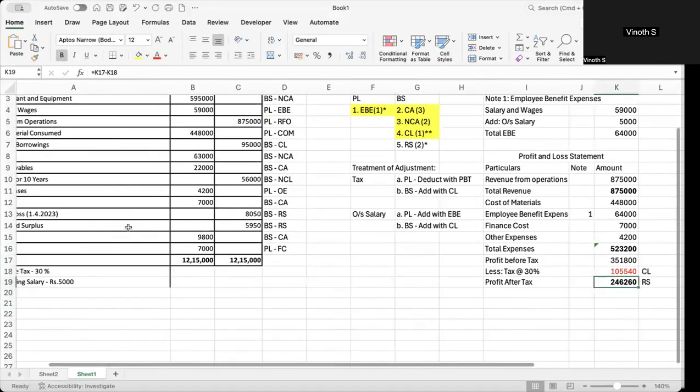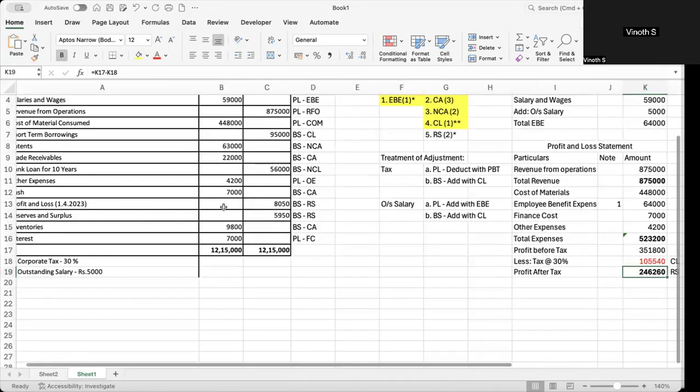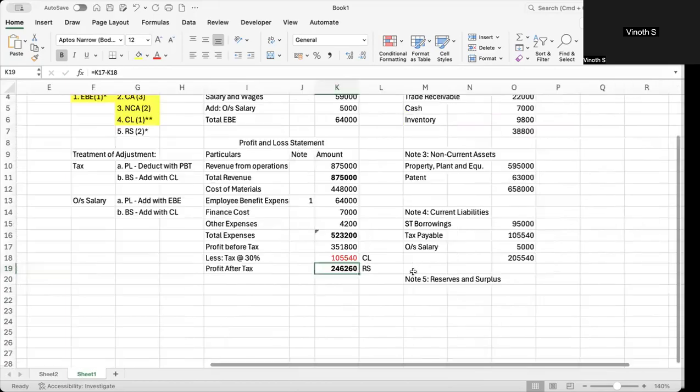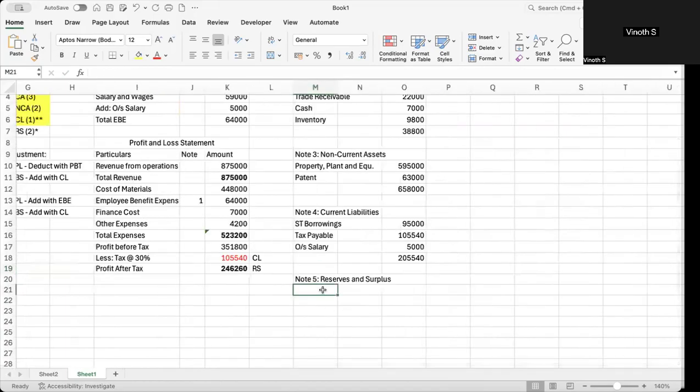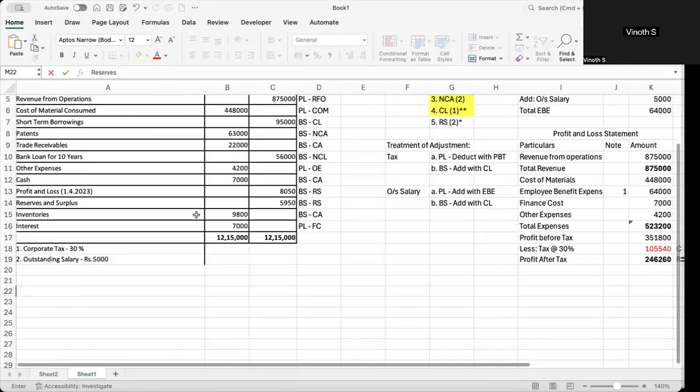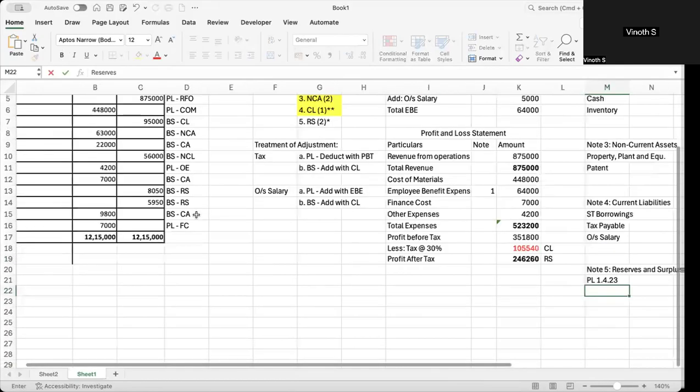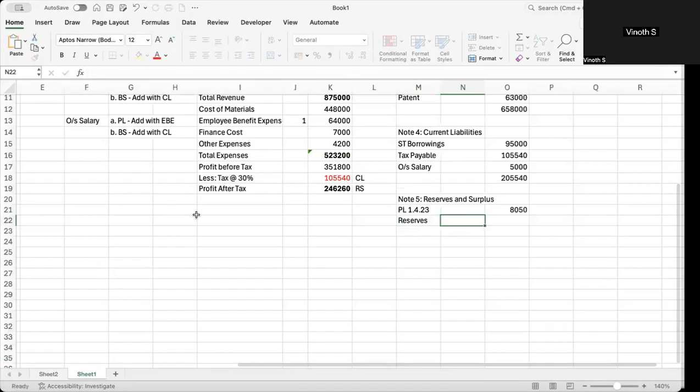So first item, profit and loss opening balance 8,050. P&L as on 1/4/23, 8,050. Second item is the reserves. They are given in the trial balance. Reserves and surplus 5,950.